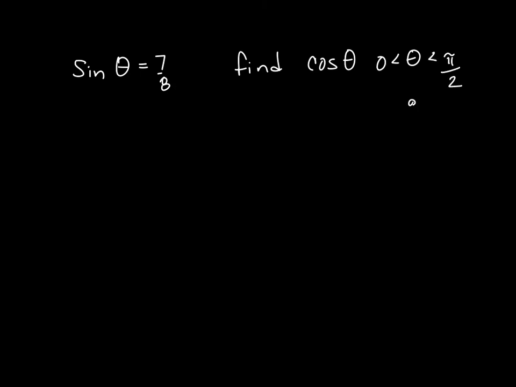Now, let's do one more. Let's go ahead and say what would happen if I have the sine of theta is equal to 7 over 8, and I want to find cosine of theta, but I want theta to be between 0 and pi over 2, which again puts that in quadrant 1, which makes all of those values of cosine positive.